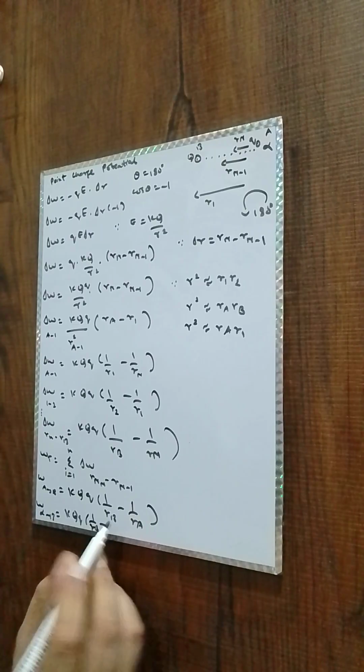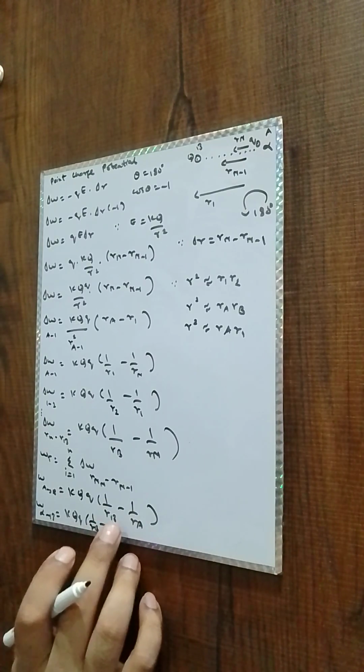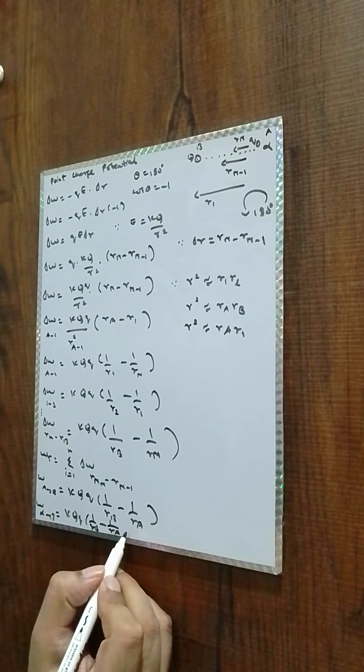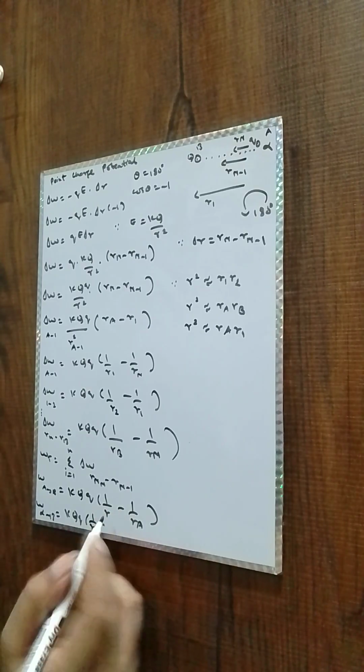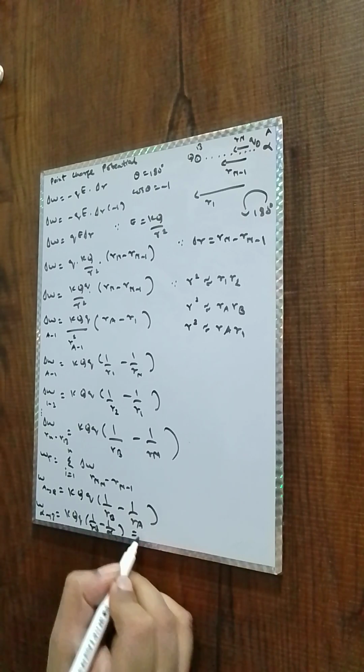So 1 by rb minus 1 by ra. Okay, so this time it is 1 by infinity, which is zero.